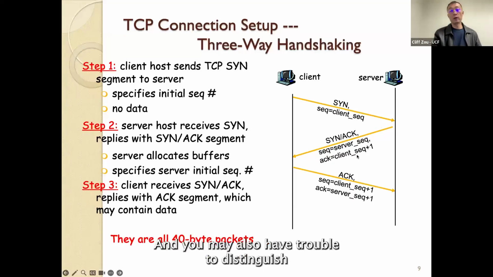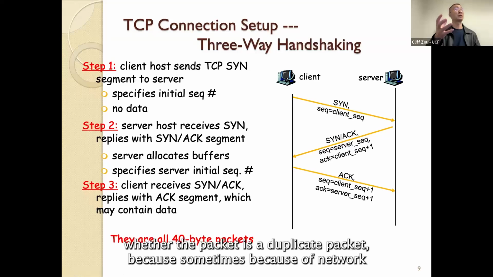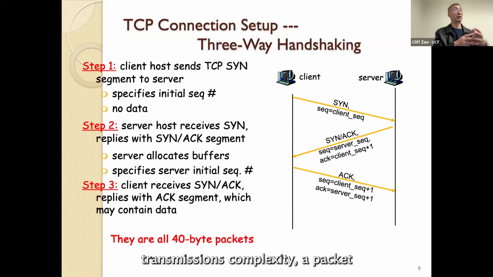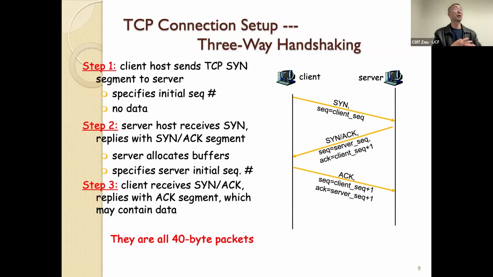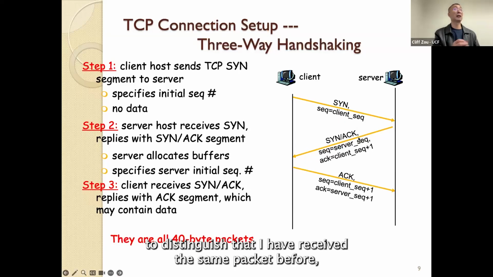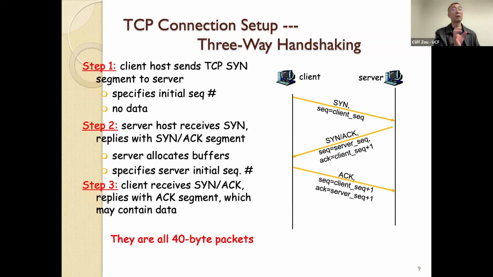And you may also have trouble distinguishing whether a packet is a duplicate packet, because sometimes, because of network complexity, a packet may be delivered to you twice because of network delay and routing issues. You use the sequence number to tell that you have received the same packet before.